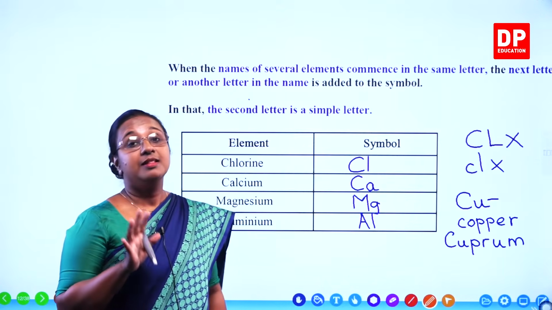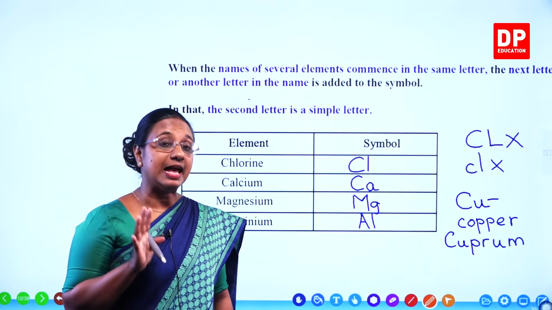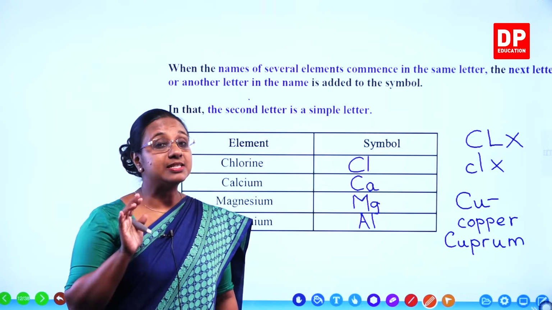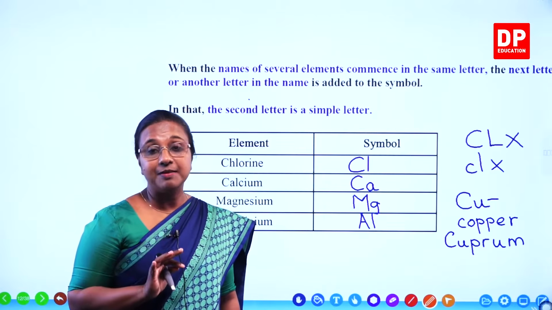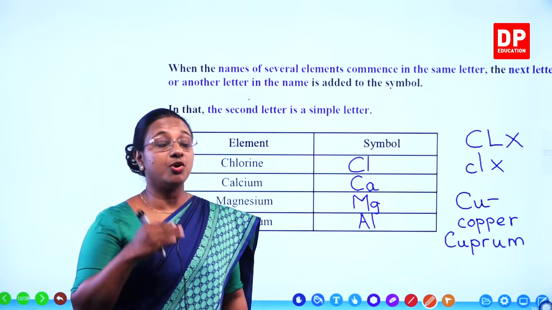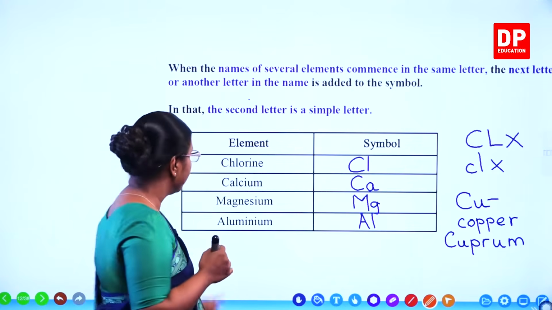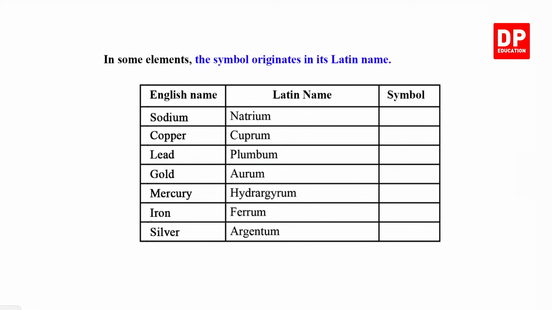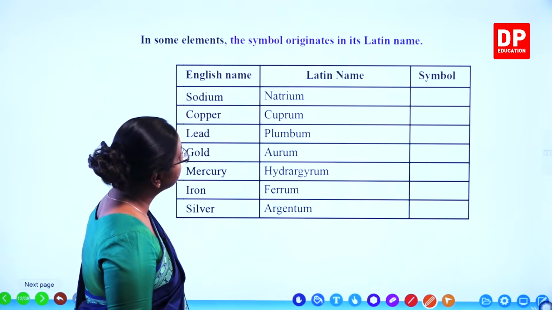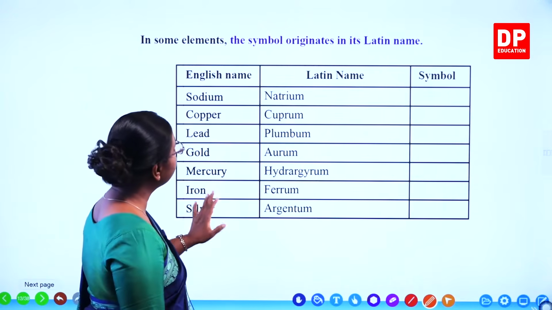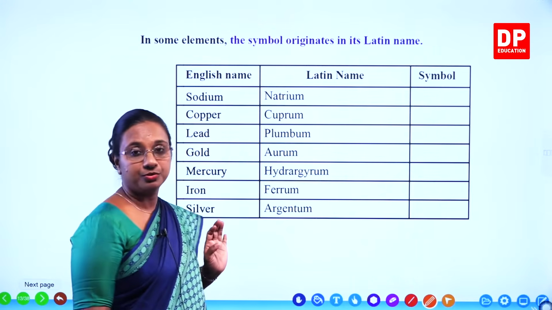Similar to that, there are some more elements that have an English name as well as a Latin name. And some of the elements are named after their Latin names or given the symbol after their Latin names. We will look at some of those examples. In some elements, the symbol originates in its Latin name. So that is what we are going to do now.